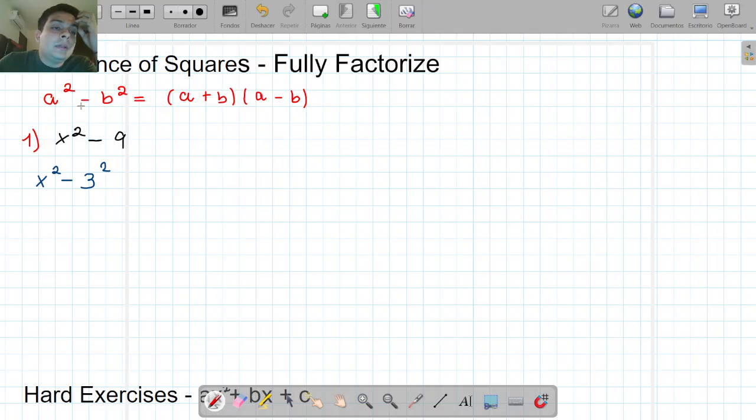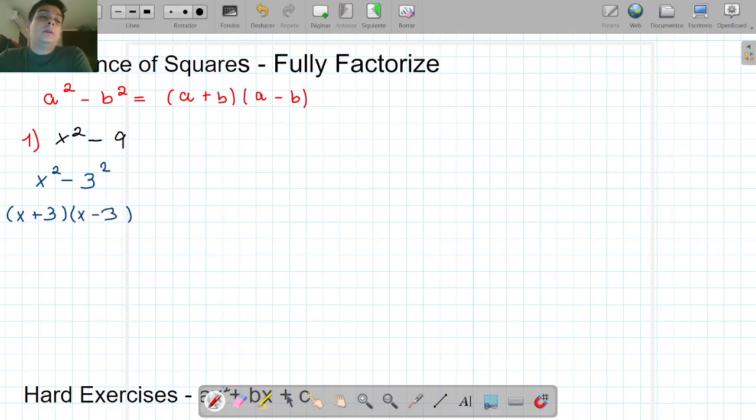So now we have a as x and b as 3. Following the formula, we rewrite this into parentheses: a plus b, which is x plus 3, and a minus b, which is the same but with a minus sign.